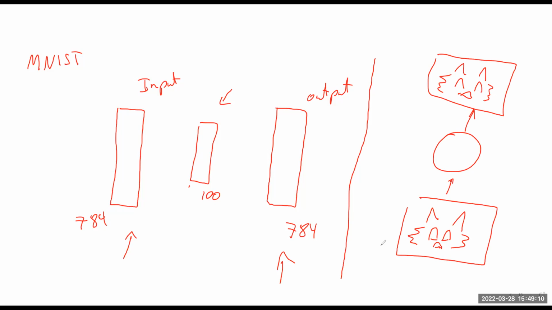Now, one key thing about this is, let's say that you train on a data set of cats, but then your autoencoder is built, and now instead of giving it a cat, you just give it a person.